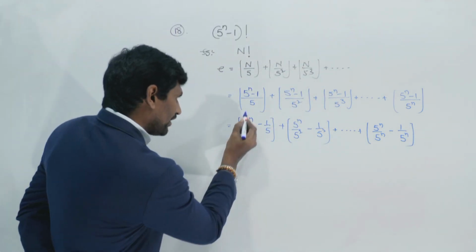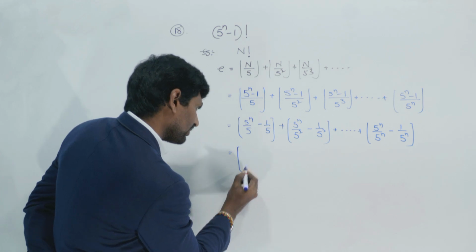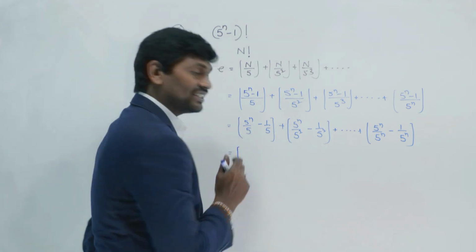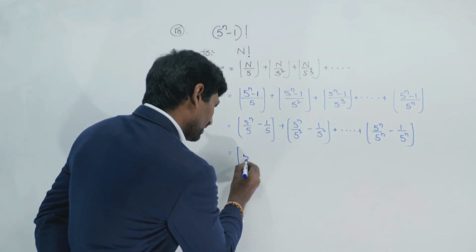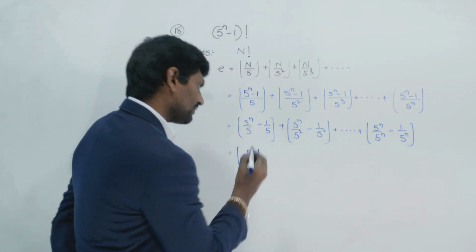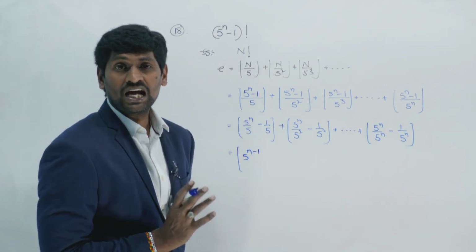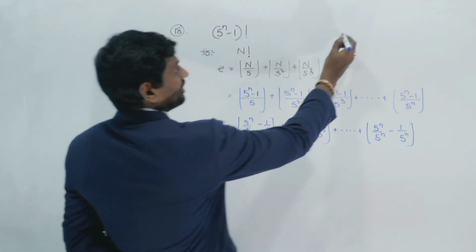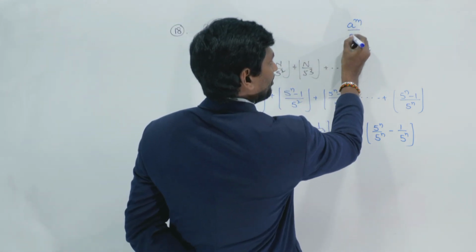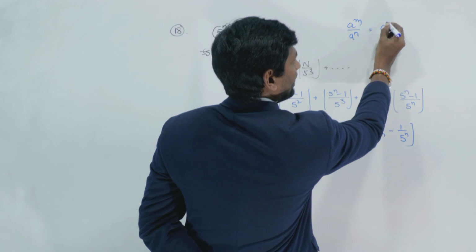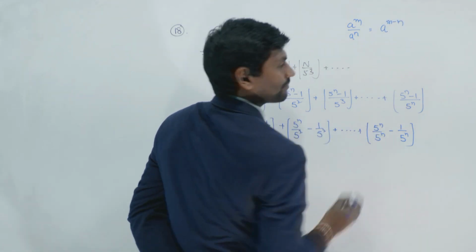Now 5 power n by 5, we can write as 5 power n minus 1 using the law of exponents: a power m by a power n is a power m minus n.